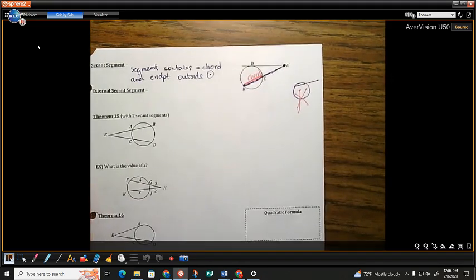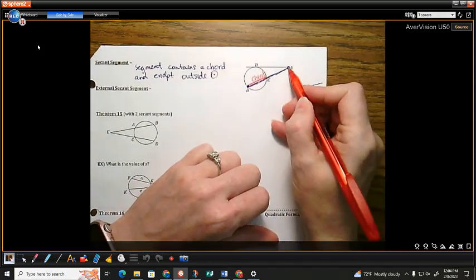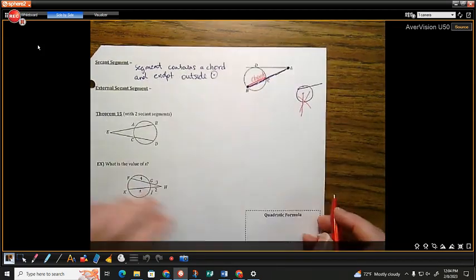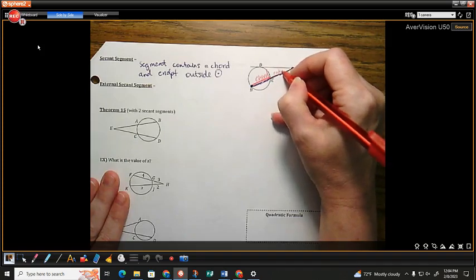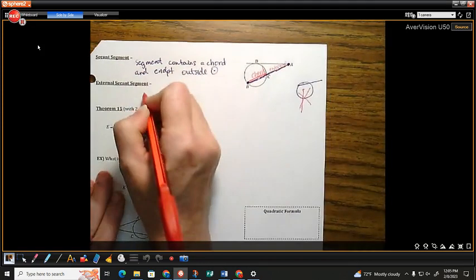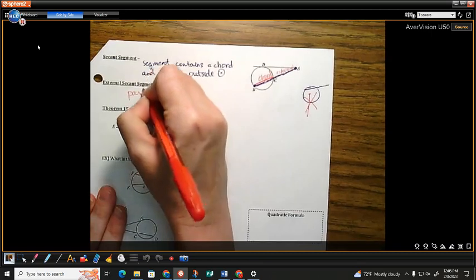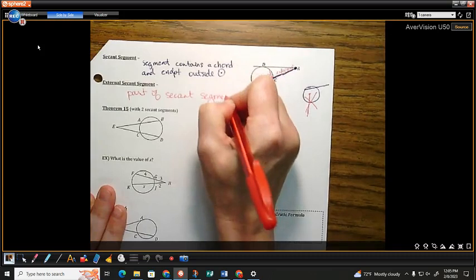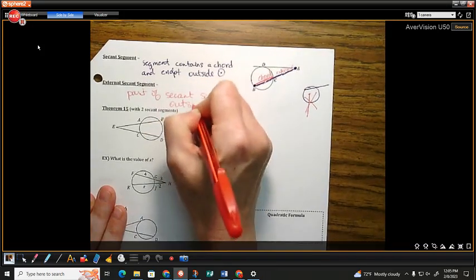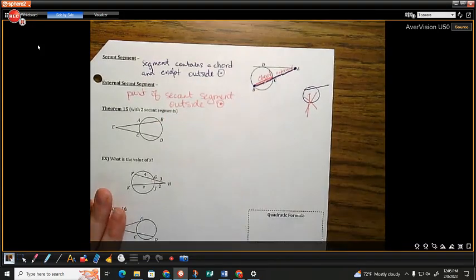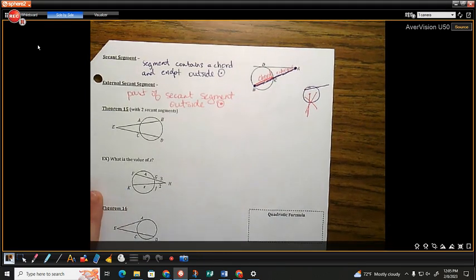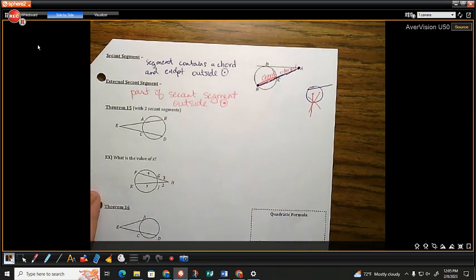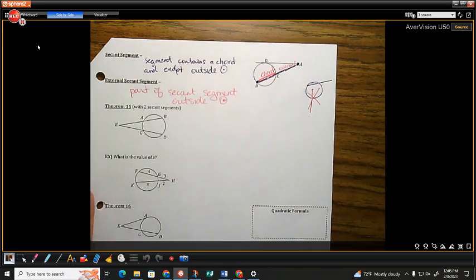It's the external part, so it's the external secant segment. It's the part of the secant segment outside the circle. So the whole thing is called the secant segment, and the outside part is called the external secant segment. That's not confusing at all.